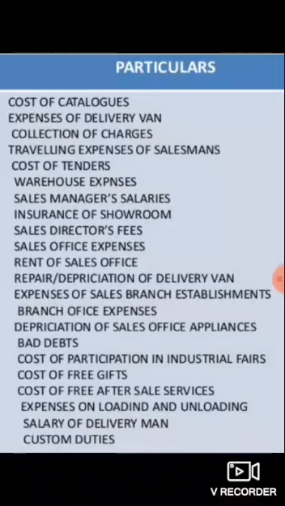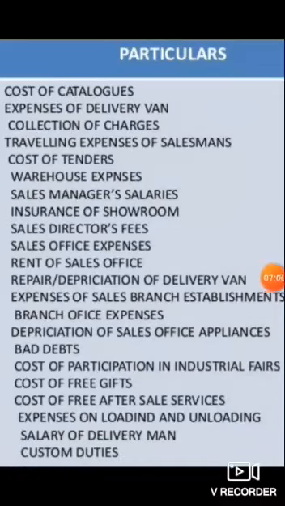And the cost of tenders, if the company is having any tenders to sell their products in a particular place, those tender expenses are added to the selling and distribution expenses. And warehouse expenses, so if they are rented or if they are maintaining their own house, there will be some expenses of lighting and supervisor and insurance and other expenses.